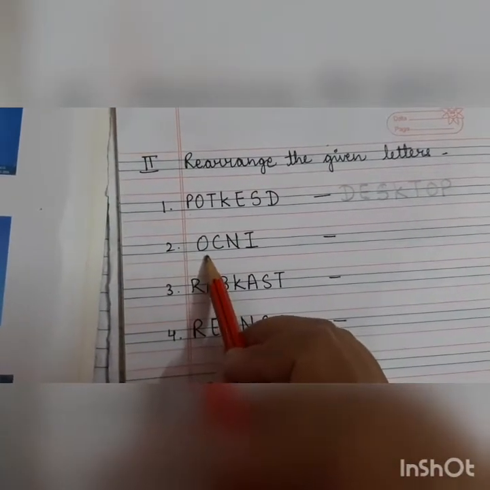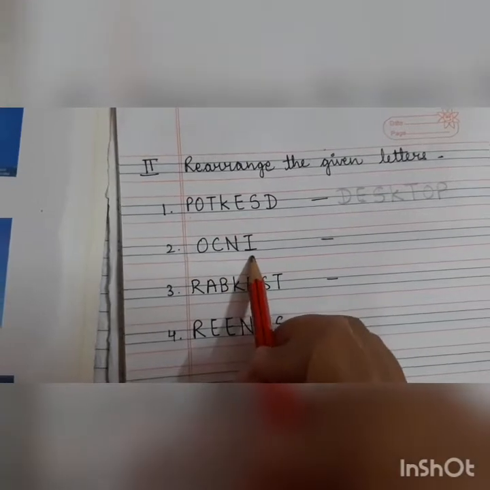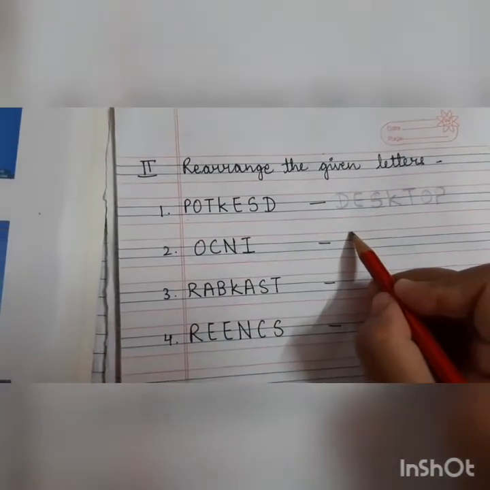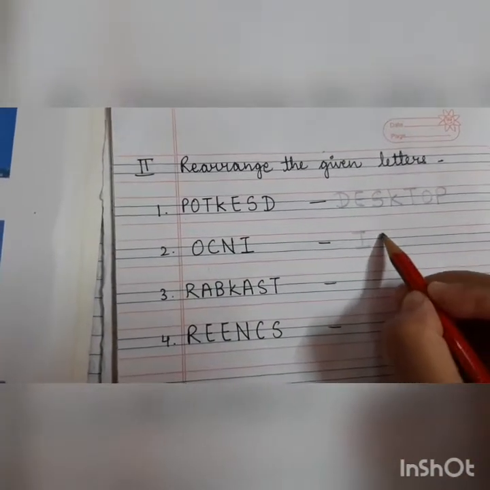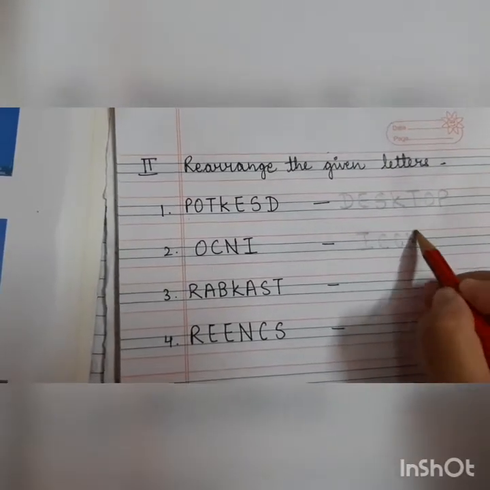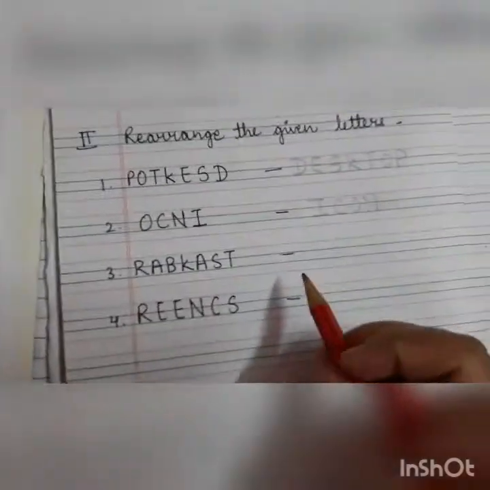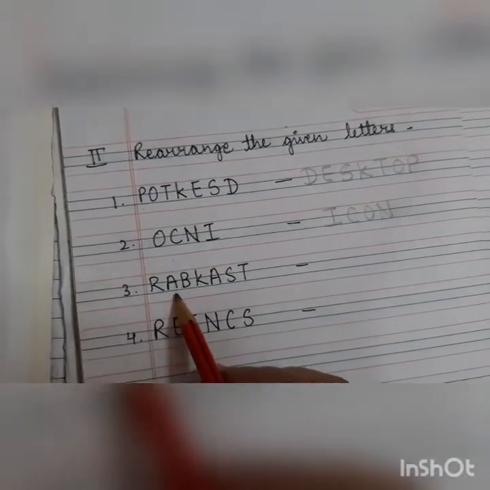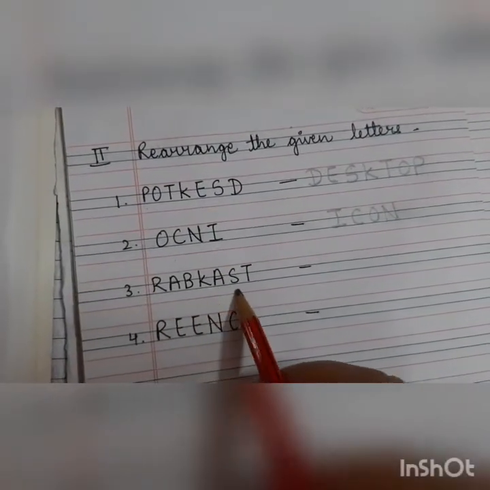Number 2, we read these letters first, O-C-N-I. So we will make I-C-O-N, icon. Number 3, R-A-B-K-A-S-T.